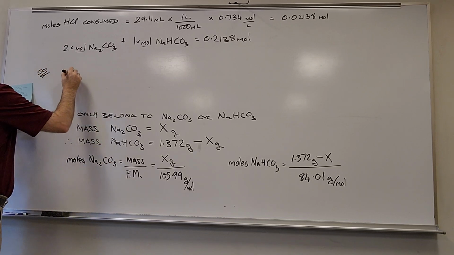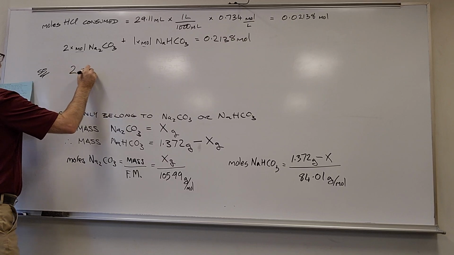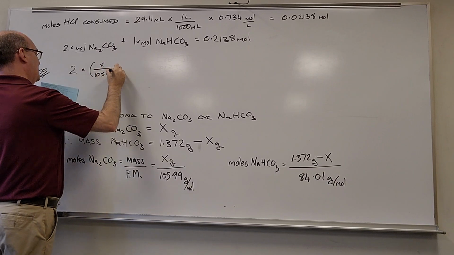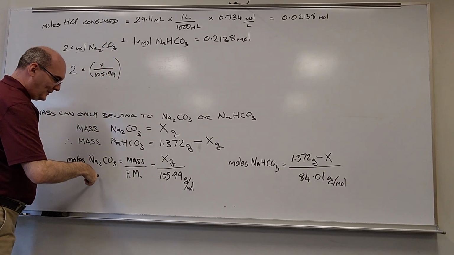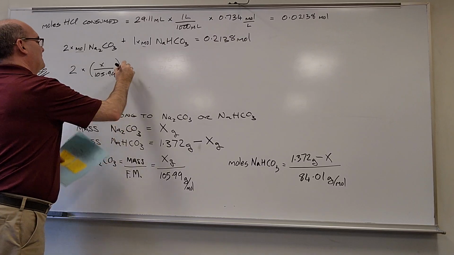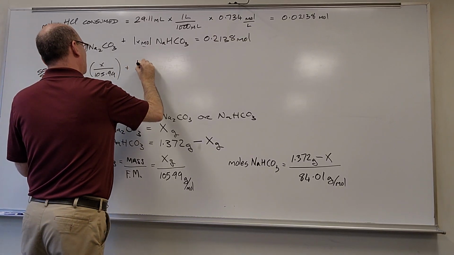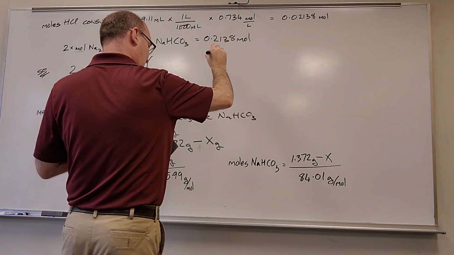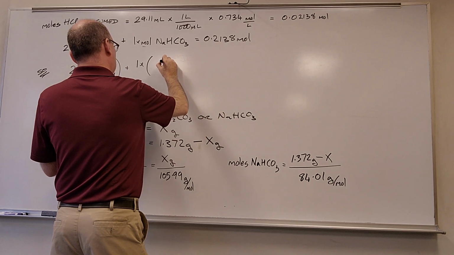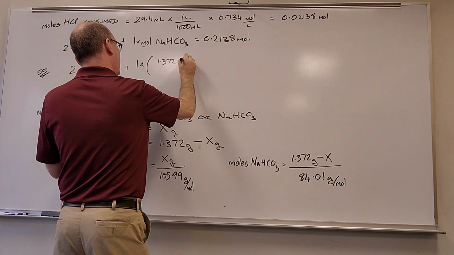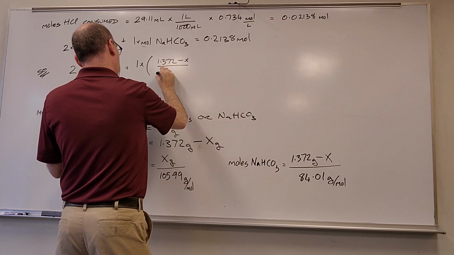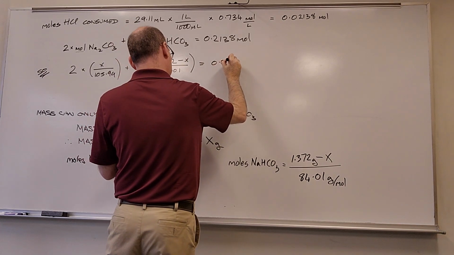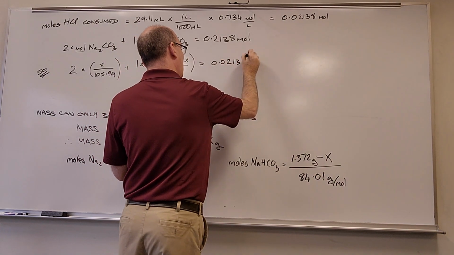So 2 times x over 105.99, because that's the number of moles of this, plus 1 times (1.372 minus x) over 84.01 is equal to 0.02138.